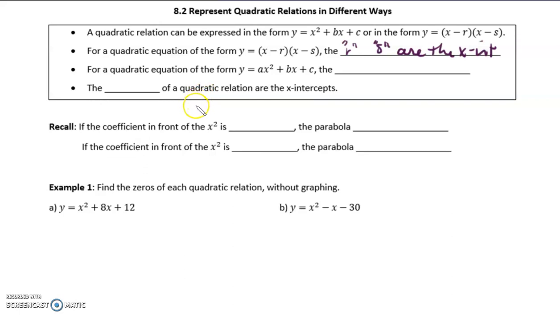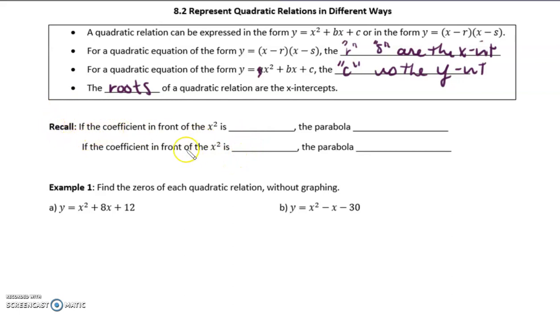And now for a quadratic equation in this form, either ax squared plus bx plus c or just in this form, we can tell that the c is the y-intercept. Okay, and we can say that the roots or the solutions of a quadratic relation are the x-intercepts. So if a question is asking for the roots or the solutions, that's what it's actually talking about.